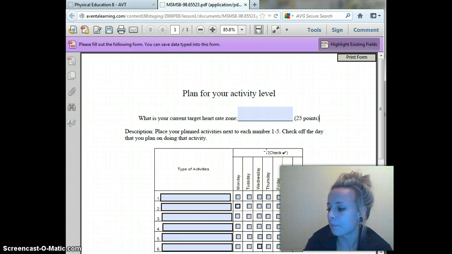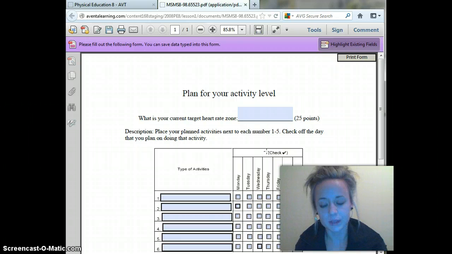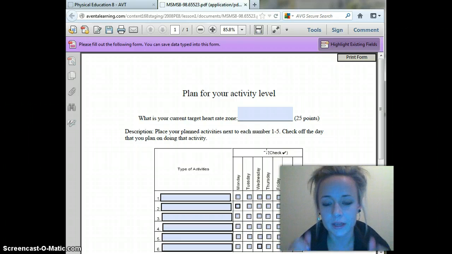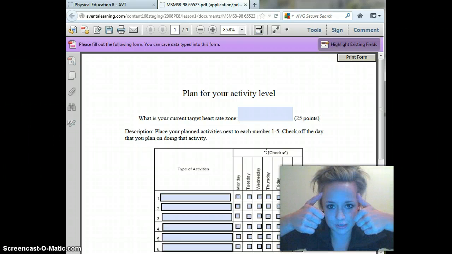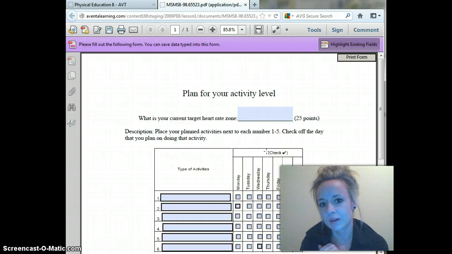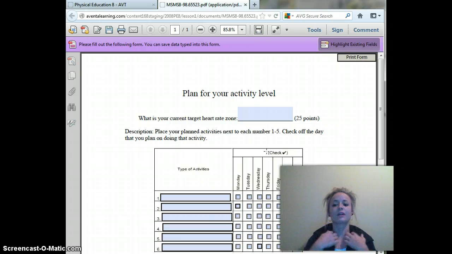So that's your radial artery, and then you have your carotid artery. Now let me touch on something. You don't want to use your thumbs because your thumbs have a pulse of their own, right? So your carotid artery, now you have your voice box here and your trachea.